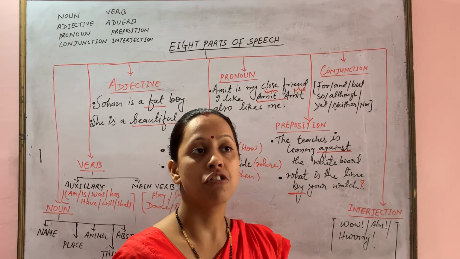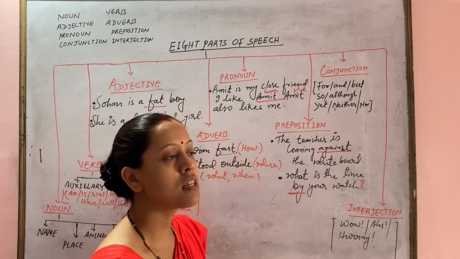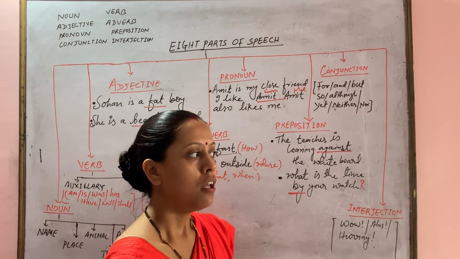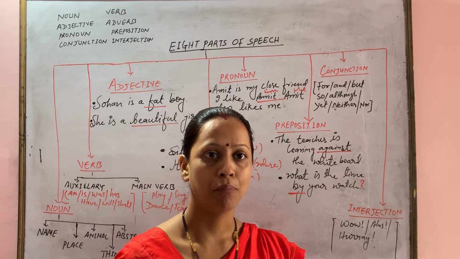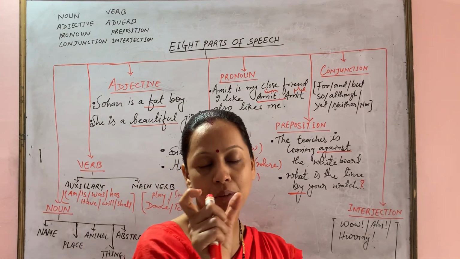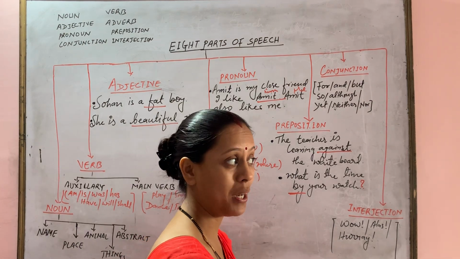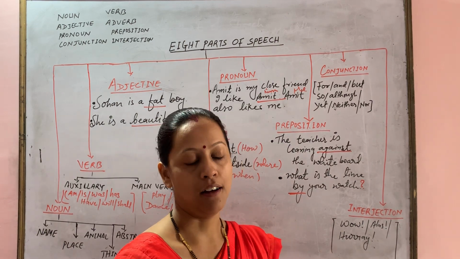Conjunction, if you define it, is the joining of sentences by using different words. So, bread and butter, milk and water. Since childhood we have been using "and" very frequently to join two sentences. That is the easiest one.